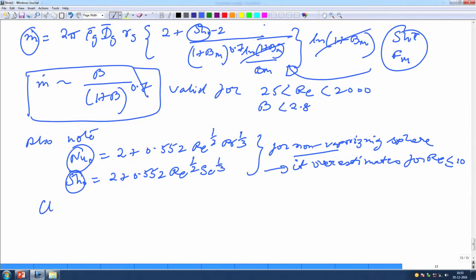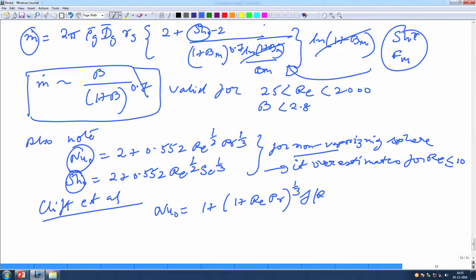Clift et al. suggested a modification to this. All these are very empirical sometimes, so do not be bothered about the nature of the thing, because as you know in fluid dynamics most of the problems do not have a clear cut solution. So you have to resort to approximate analysis. These are not exact analysis, these are all approximate analysis, so to say.